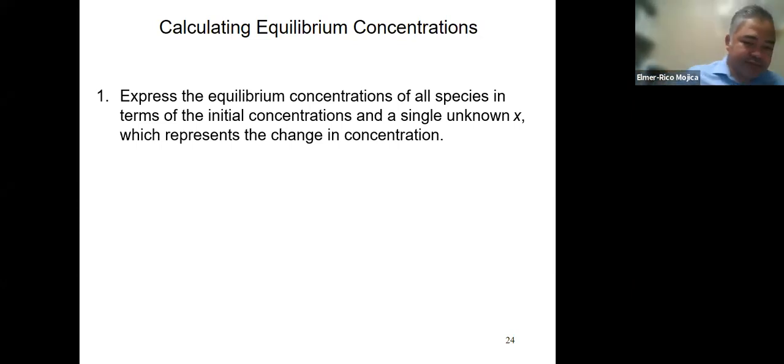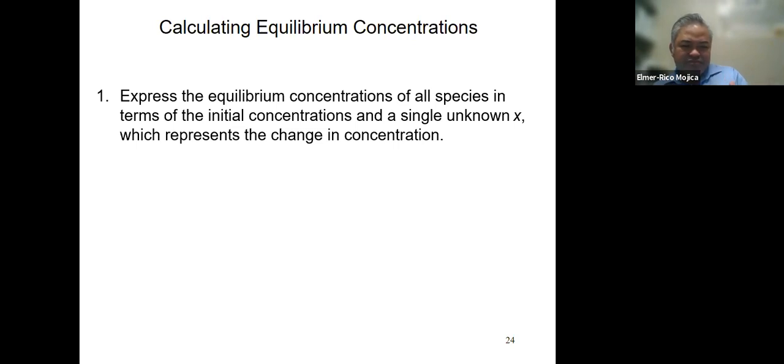But what happens if you're only given the initial concentration and you are asked to determine the K value, or at least the concentration of all species when they reach equilibrium? So far, in our discussion, we have the concentration either at equilibrium or at another condition, like the previous problem where we had QC.